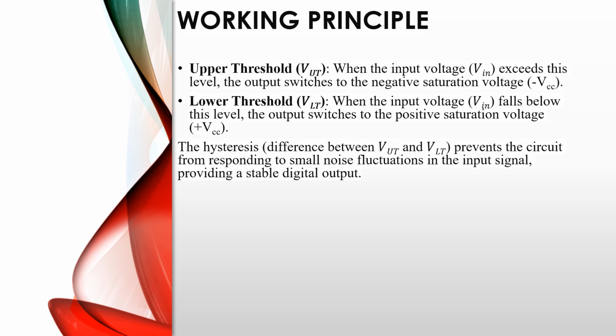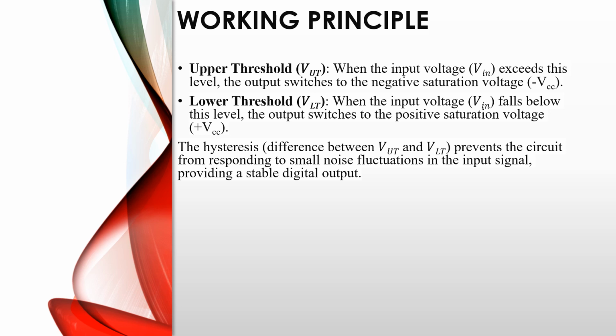That means the difference between the upper threshold and the lower threshold is called the hysteresis, which prevents the circuit from responding to small noise fluctuations in the input signal and provides a stable digital output. So this is the working principle of Schmitt trigger, where we get two voltage levels. One is the upper threshold voltage level: when Vin exceeds this level, the output switches to negative saturation voltage, that is minus VCC.